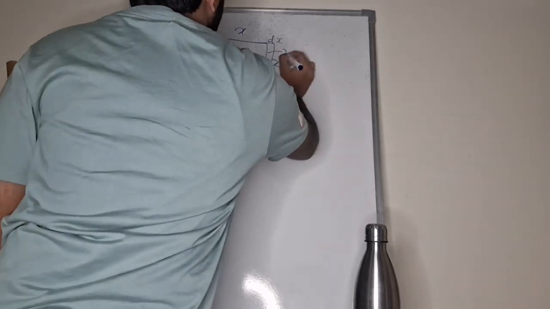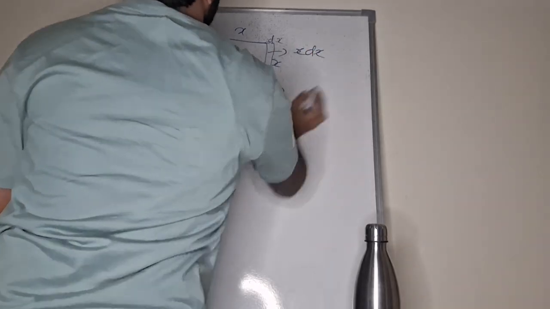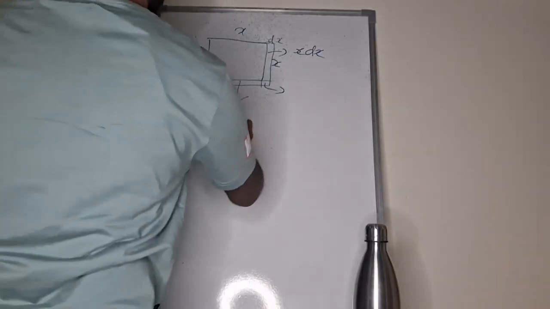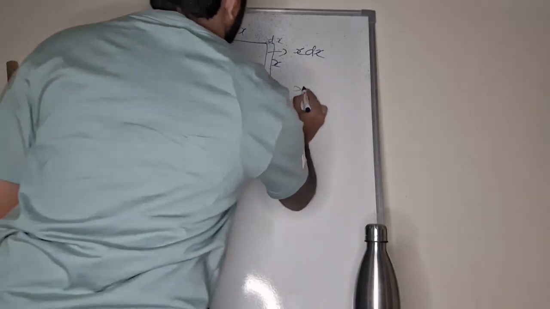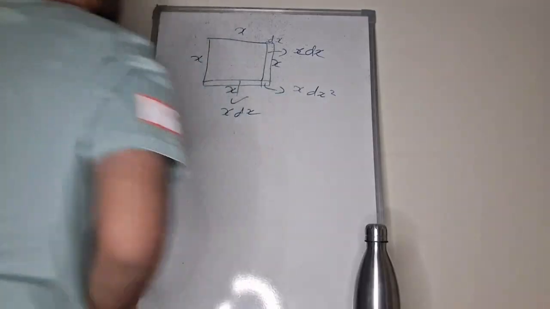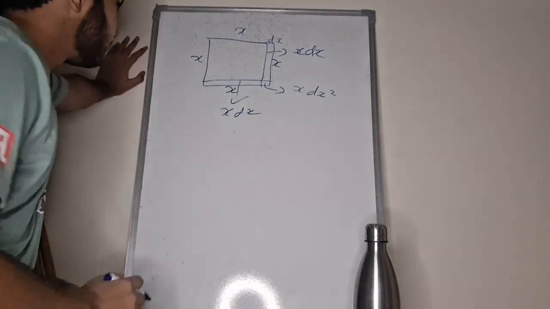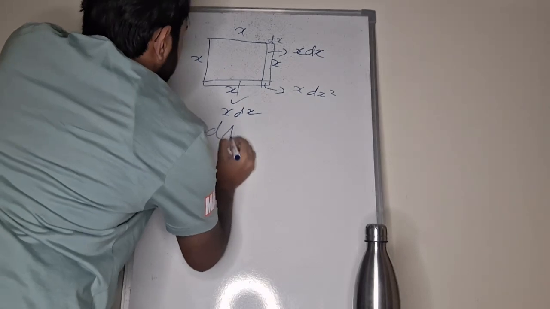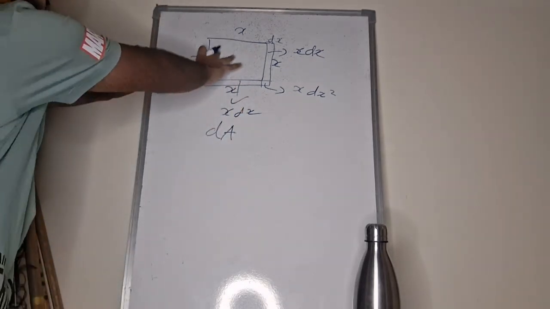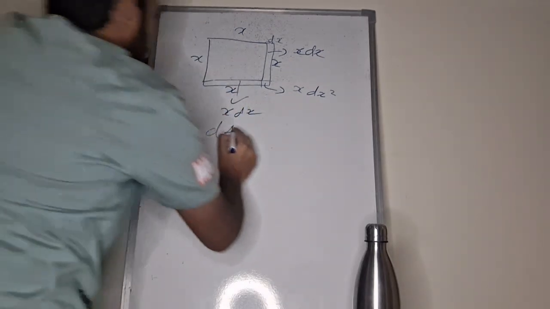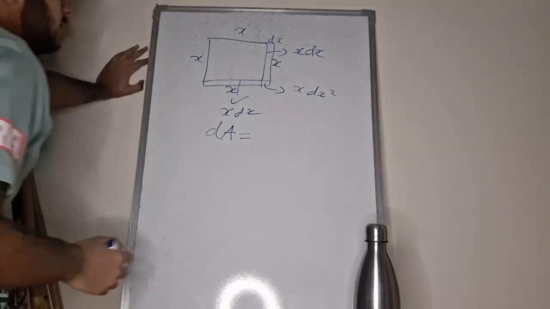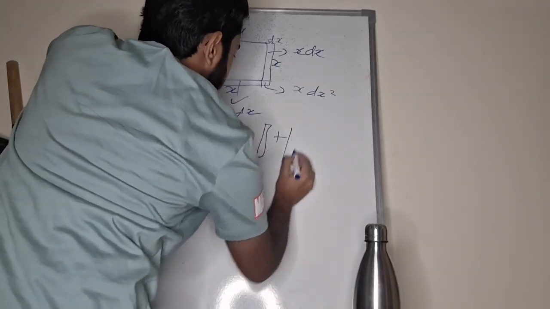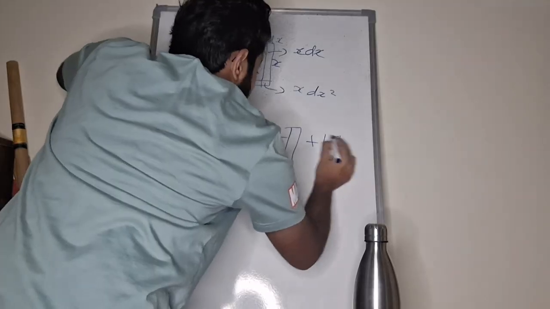So the area of this is x dx, and this is also x dx, and this is dx square. So dA, which is the infinitesimal change in area of this square, equals the area of this plus the area of the second rectangle plus the area of the tiny square.